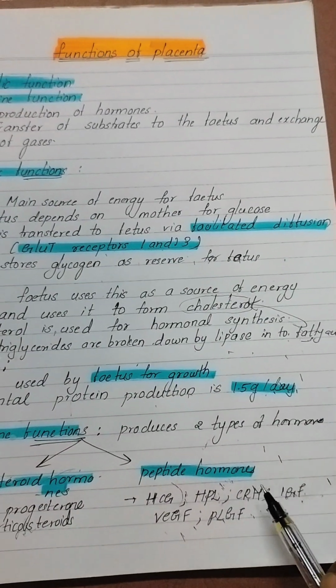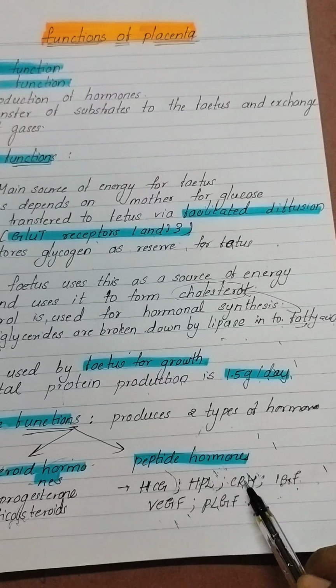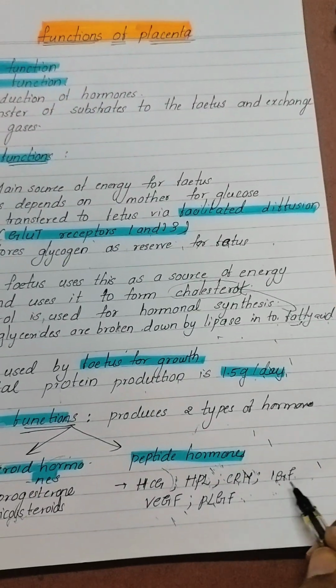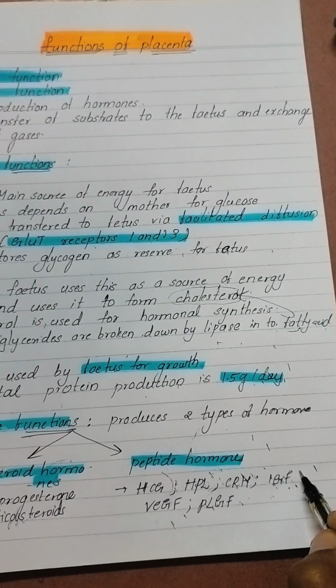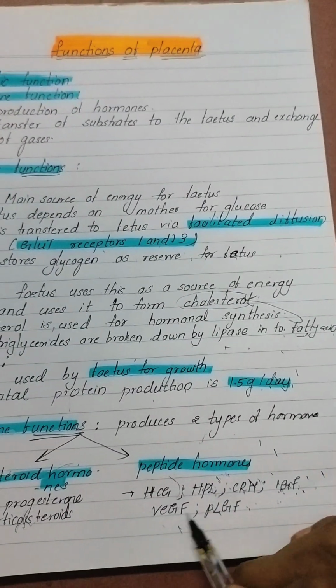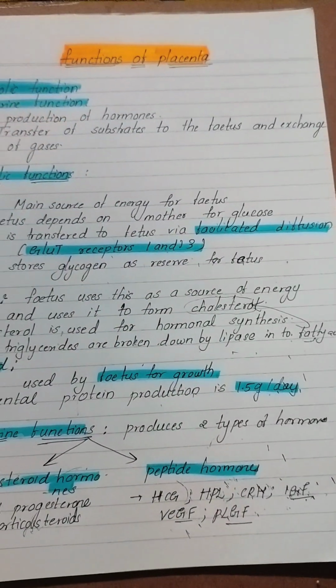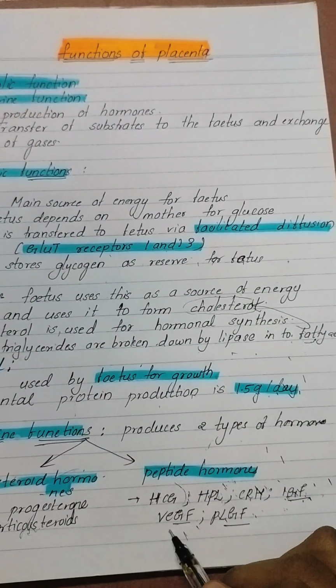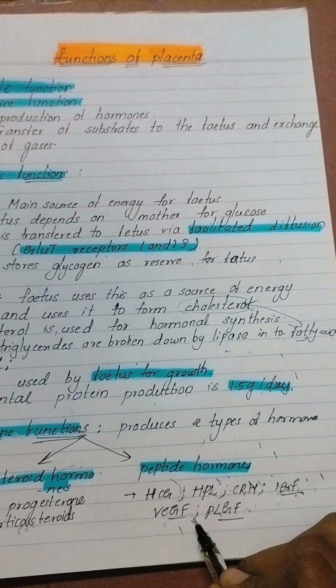Next, HPL, that is human placental lactogen. CRH, corticotropin releasing hormone. IGF, insulin like growth factor. See, GF means growth factor only. Next, VEGF means vascular endothelial growth factor.